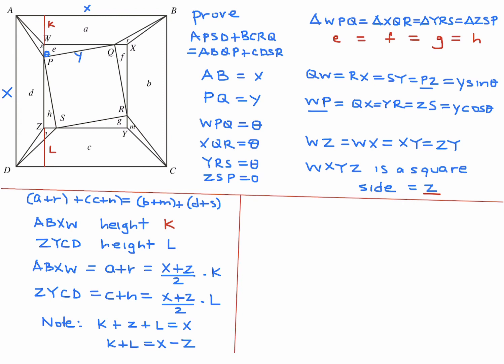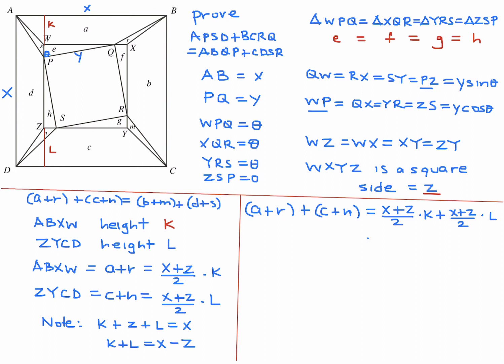On this side here, if we now add these guys, you will get a plus r plus c plus n, and that is equal to (x plus z)/2 times k plus (x plus z)/2 times L. Right?